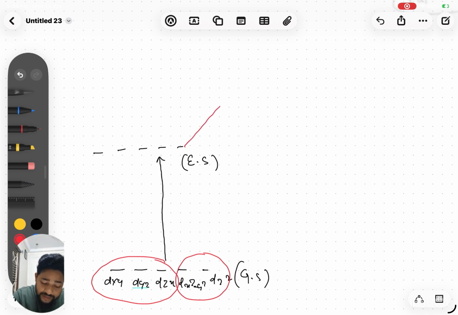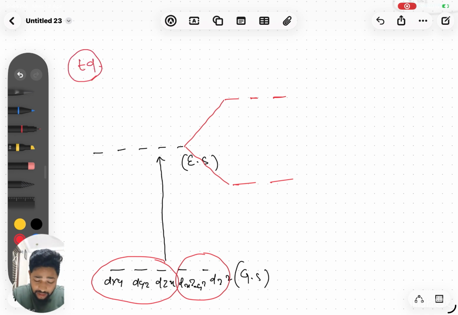These three non-axial orbitals, their energy will increase, and these two axial orbitals, their energy will decrease. This is known as the splitting diagram of a tetrahedral complex.